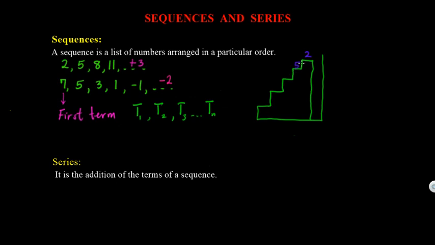And if you add the number you added to 2 to give you 5, if you add it to 5 again, you get another value, 8. The number you added to 5 to give you 8, if you add it to 8, you get another value, 11. So you can now determine the next because of the pattern this number follows. That is what we call a sequence.